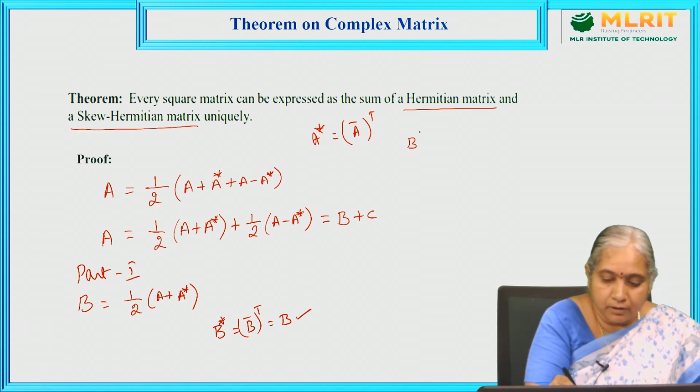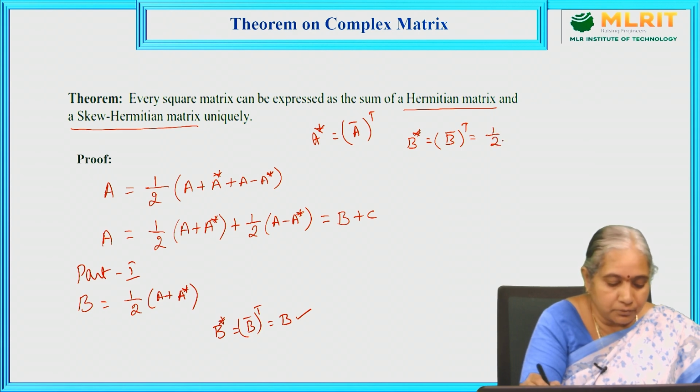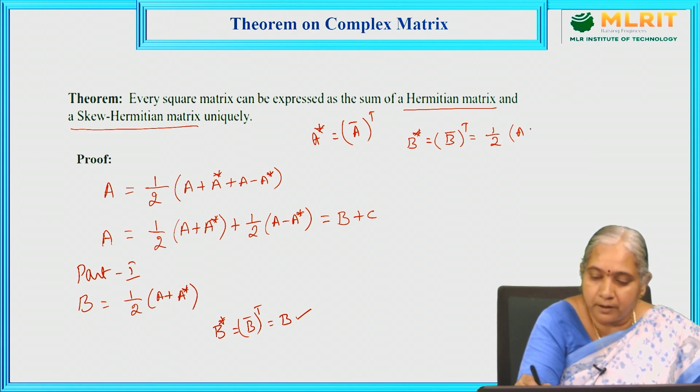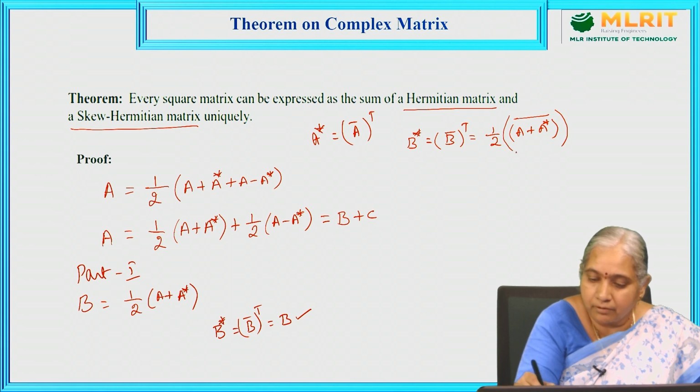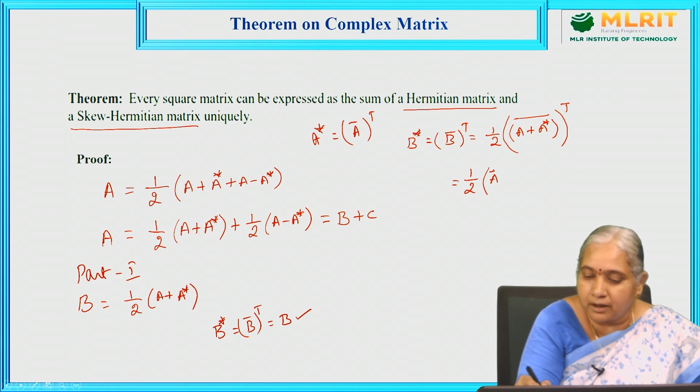So here B star equals B conjugate transpose equals 1/2 (A + A star) conjugate transpose. So 1/2 into the conjugate of the matrix A is A bar plus A star bar, whole transpose.